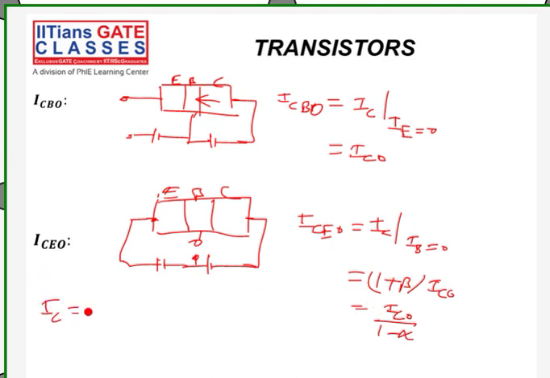IC is equal to beta IB plus 1 plus beta ICO. So you can see if this term IB is itself 0, then IC is equal to 1 plus beta ICO, which is ICO divided by 1 minus alpha. You can write it in this way. So I think it is clear. So here we have done this.